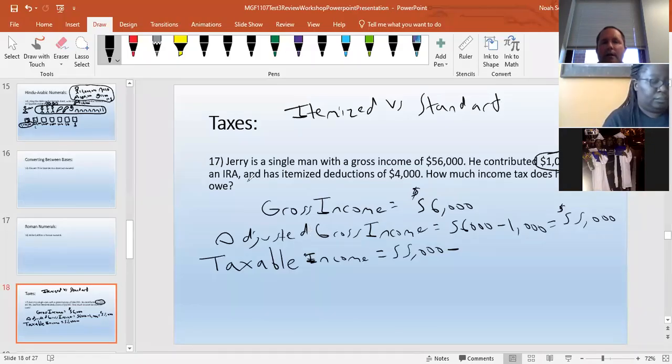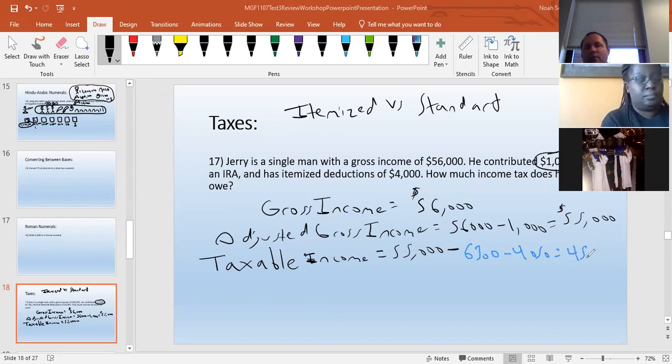So this was the original problem right here that we just calculated. His taxable income was basically, this is how much his taxable income was.